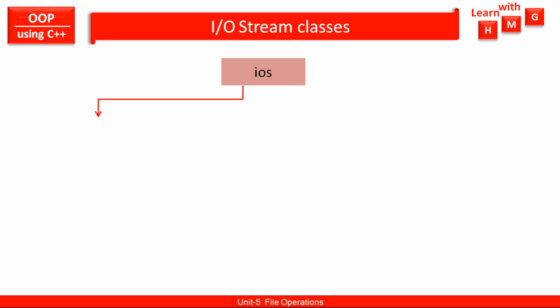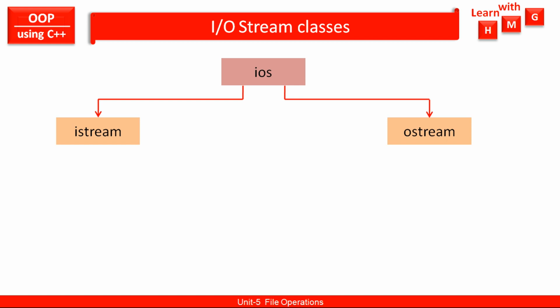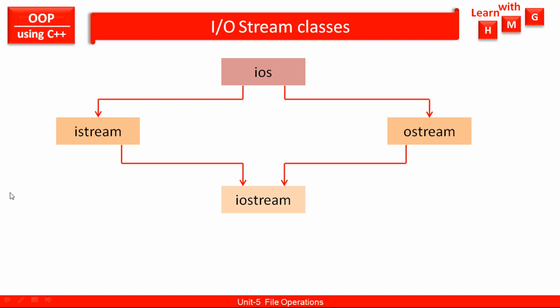Let us revise the IOStream classes hierarchy again. From the iOS class, the iStream class is derived as well as the OStream class. These three classes form hierarchical inheritance. From the two base classes iStream and OStream, one class is derived, the IOStream class. These three classes form multiple inheritance. Then iOS, iStream and IOStream form multi-level inheritance.